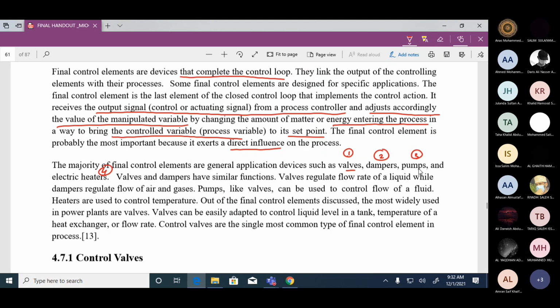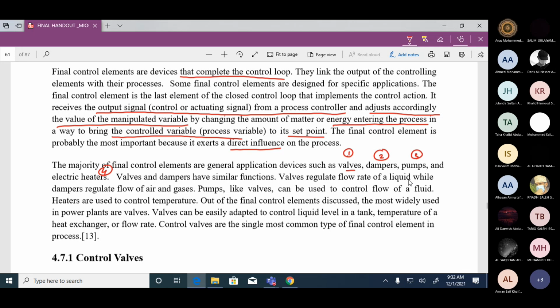Okay, so dampers, then you have pumps. You were studying about pumps: centrifugal pump, rotary pump, positive displacement pump. What does a pump do? A pump is adjusting the flow and adding pressure. Electrical heaters are very standard, commonly known to you.